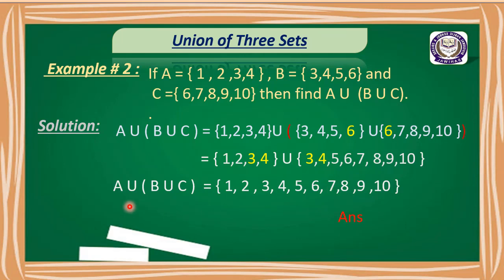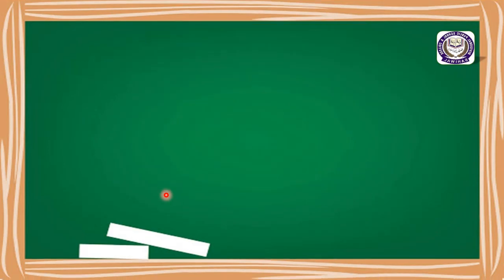And in this way we can find the union of three sets A union bracket B union C. First of all we will find the union of B and C and then we take the union with set A and we get the answer 1, 2, 3, 4, 5, 6, 7, 8, 9, 10, which is the answer of the set A union bracket B union C.